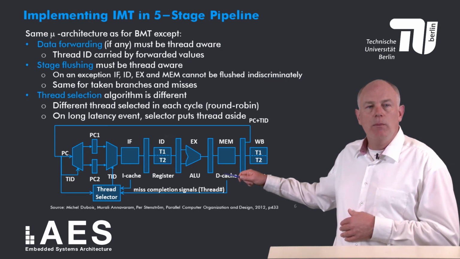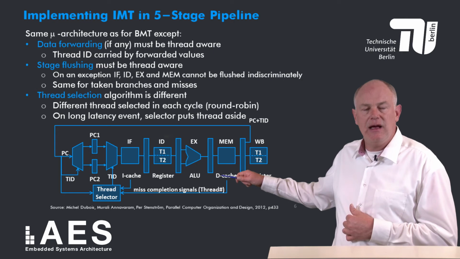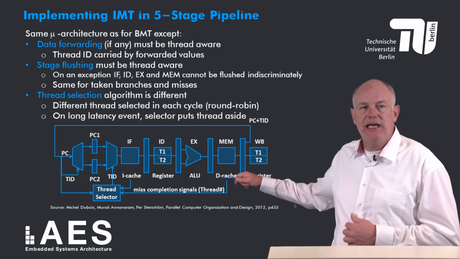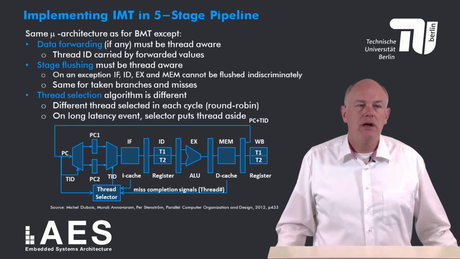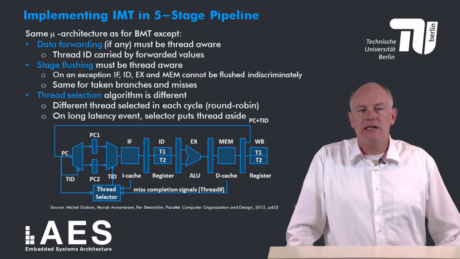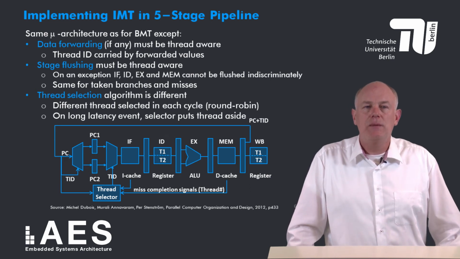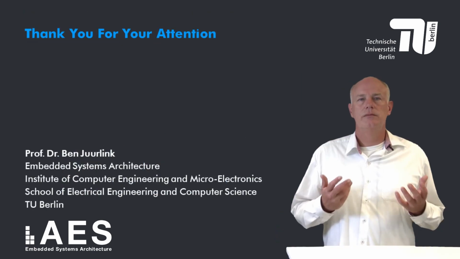Furthermore, a small but useful optimization is that whenever a long latency event occurs, the selector should put the thread that caused this long latency event aside so that it will not be scheduled, so that it will not be considered here.